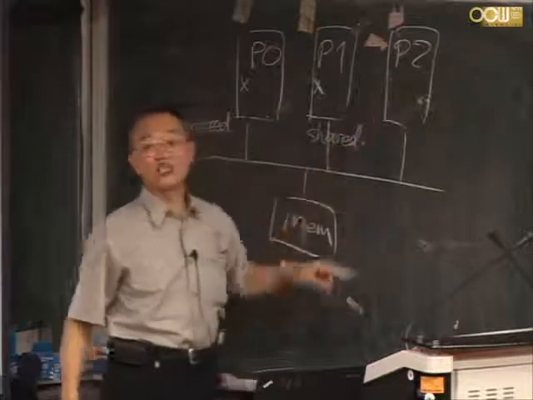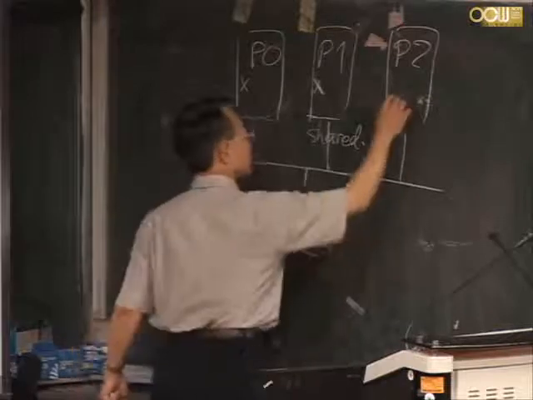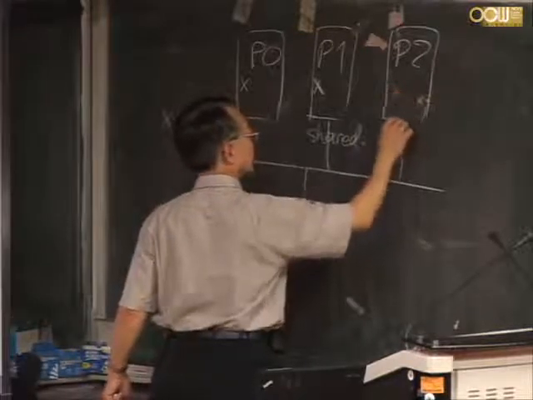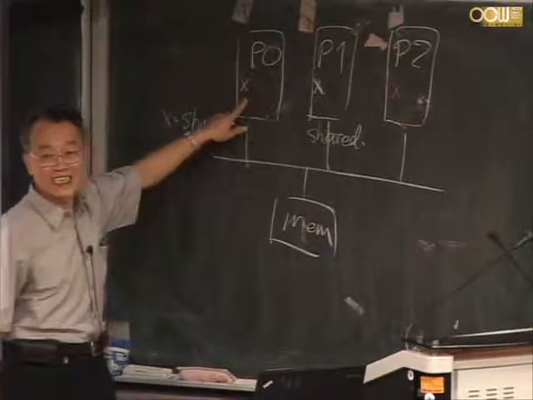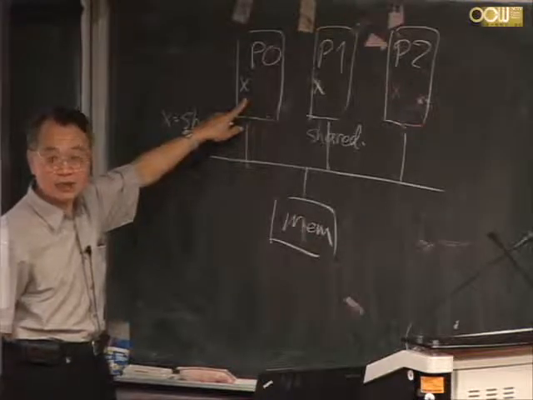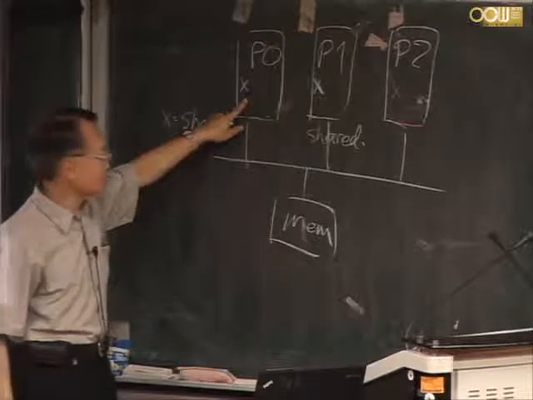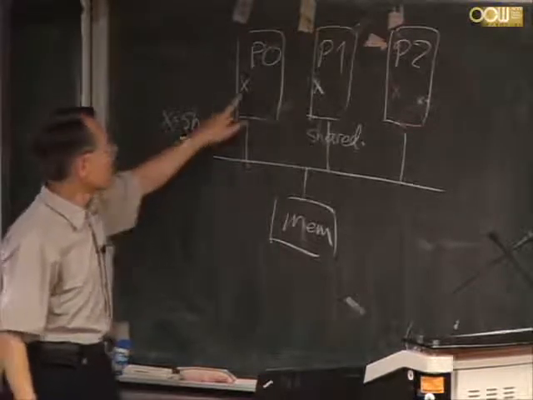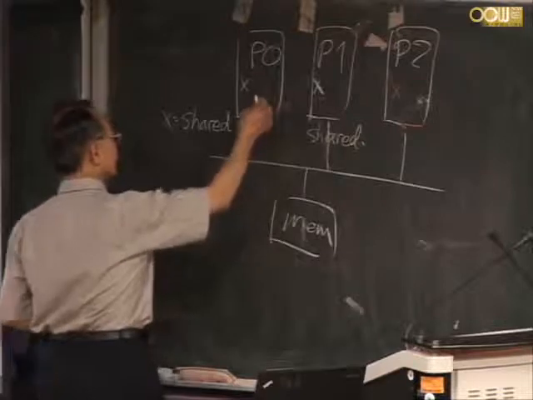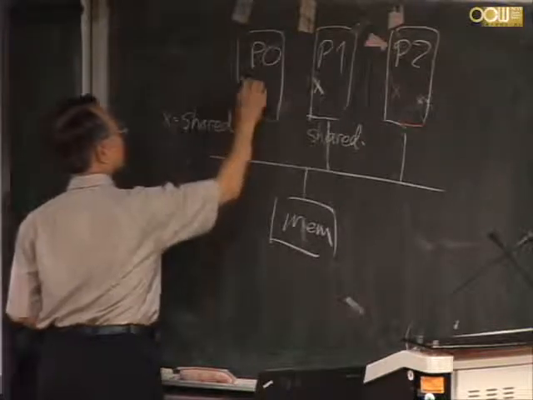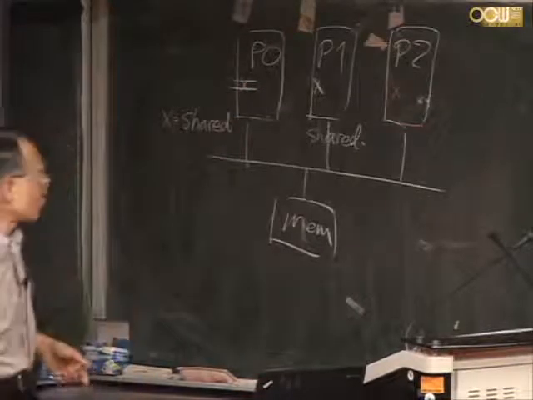Later, P2 wants to write to X. So the write X signal is also sent on to the bus. Does P0 see this signal? Yes, P0 knows someone wants to write it. If someone wants to write it, X will get a new value, so my version is no more good. So whenever P0 sees it, P0 should invalidate its X in its cache.